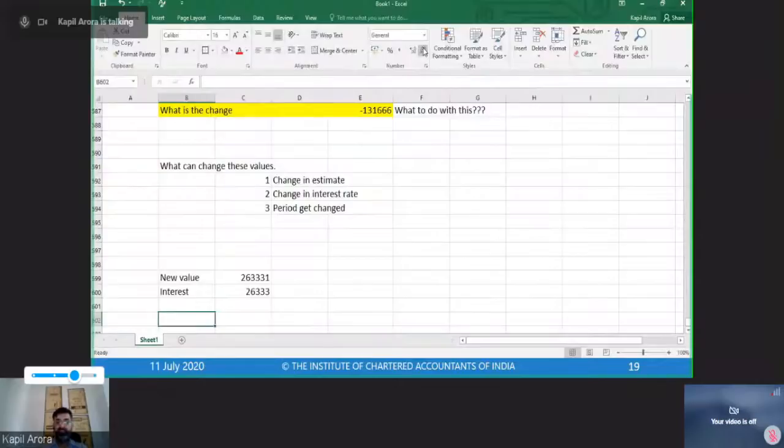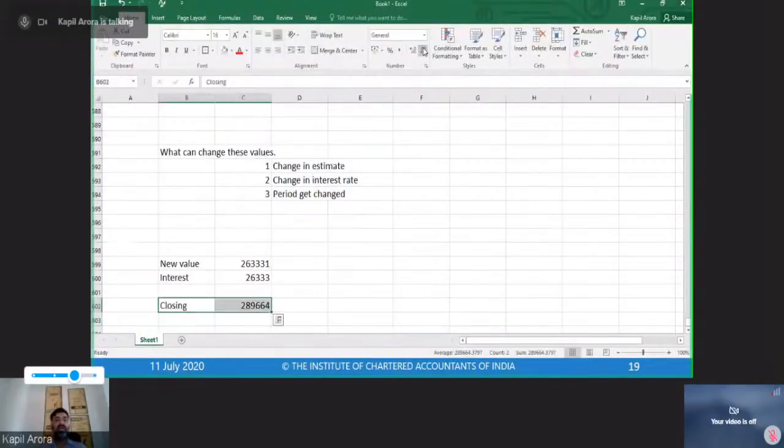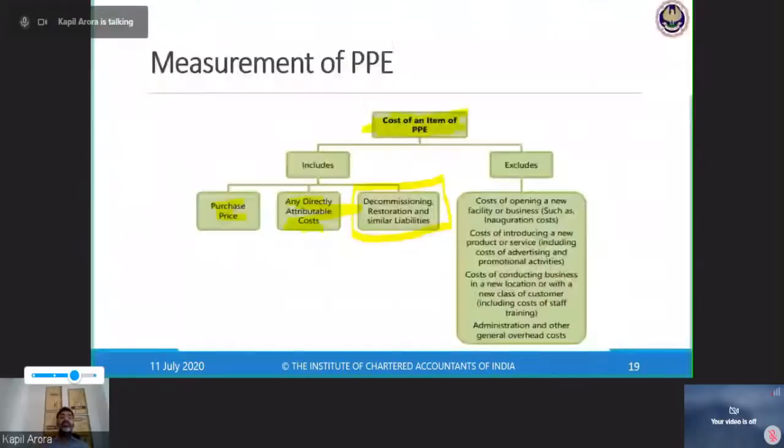Closing value would be the new value, keep the interest on that, forget about the old value. So that is about measurement of property, plant and equipment, the cost which goes under property, plant and equipment: purchase price, directly attributable cost, plus decommissioning and restoration cost.